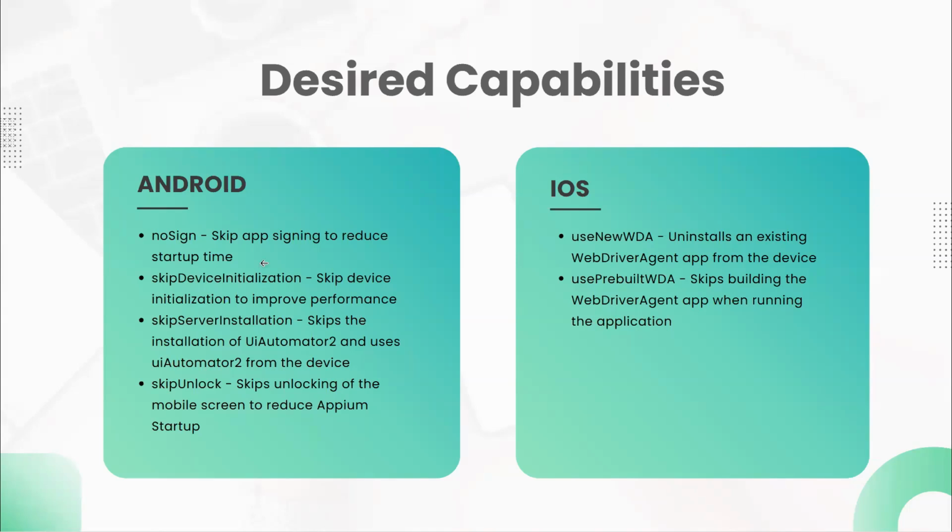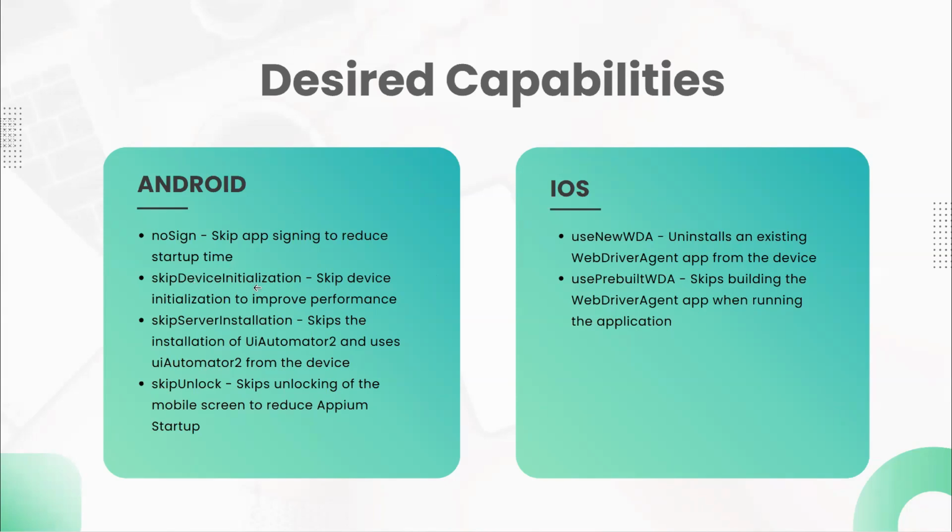Now let's talk about the desired capabilities which we can set at an Android or an iOS device level. So these are some of the capabilities which you can set in Tosca. There is the no sign capability. It is only possible in Android. So you can skip the app signing to reduce your startup time.